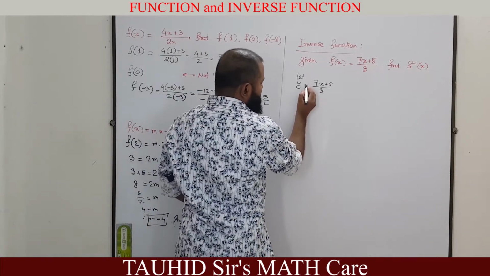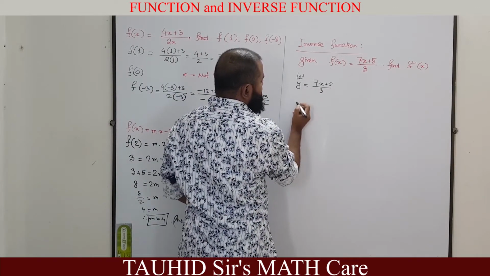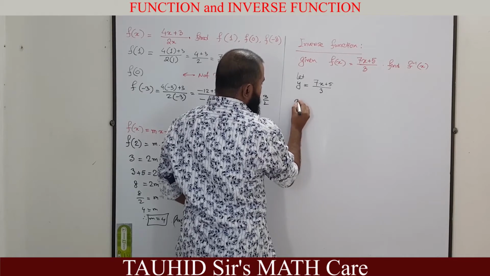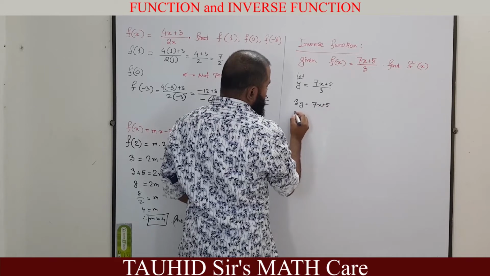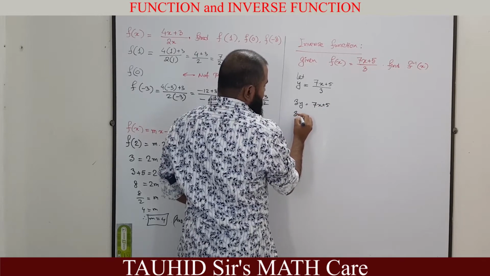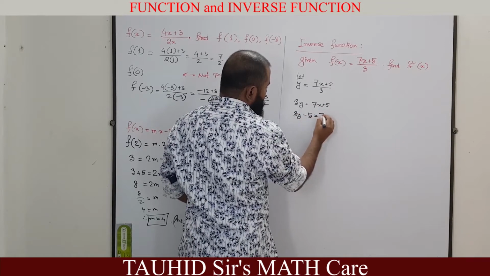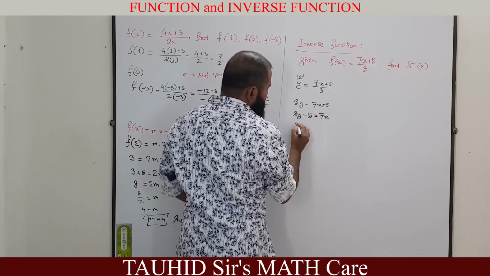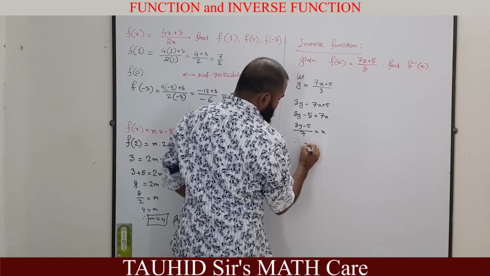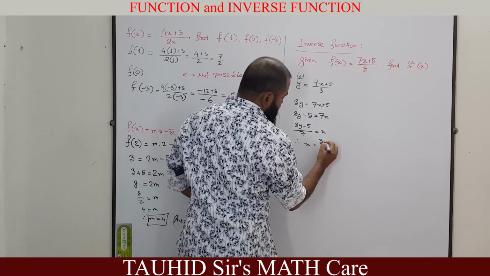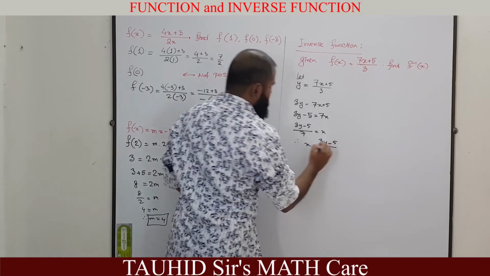So we will simplify this and find an expression for x. So 3 into y, 3y = 7x + 5. That means 3y - 5 = 7x. (3y - 5)/7 = x. Therefore, x = (3y - 5)/7.